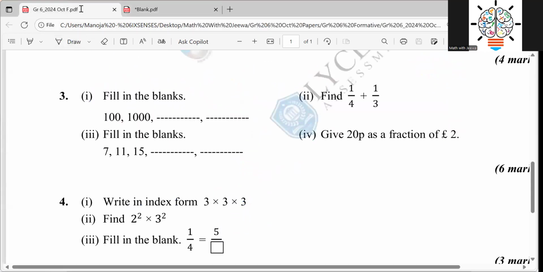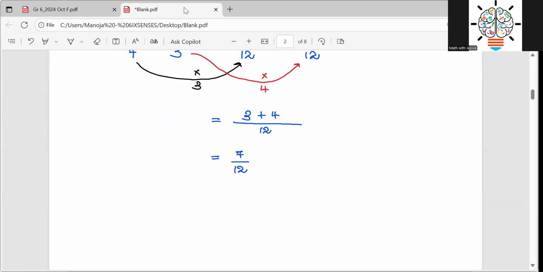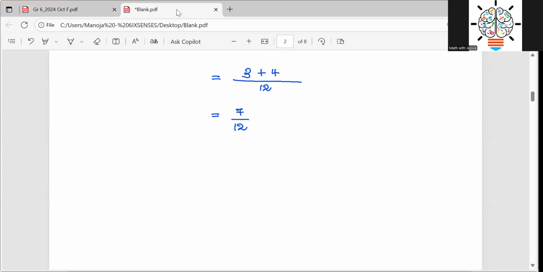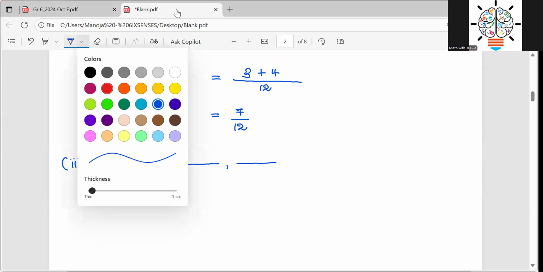So then the Roman number 3, again you have a number pattern, 7, 11, 15. Now we'll see what we can do. So this is the third one, 7, 11, 15, like this. So then here what happened?